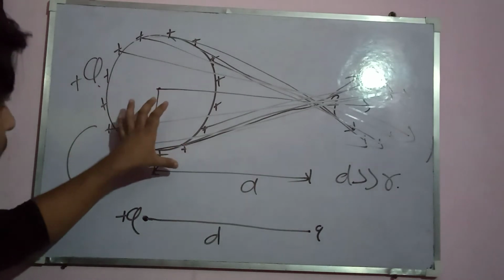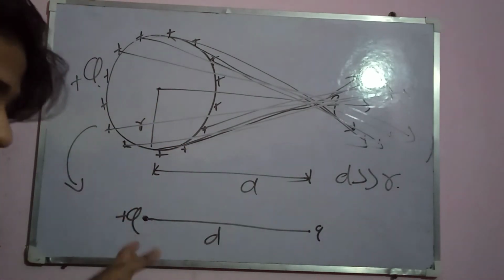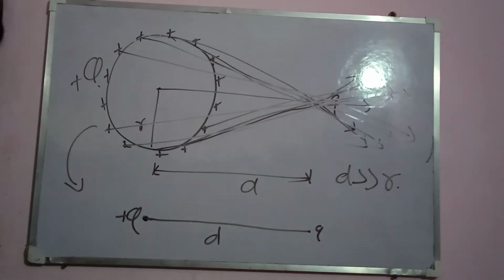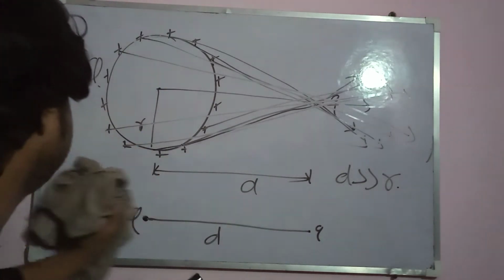Thus we can replace the very complex problem of electrostatics or gravitational forces with very, very simple point charge problems. That is the effect of the first shell theorem, and we can apply it over the insulator also. Let's see.